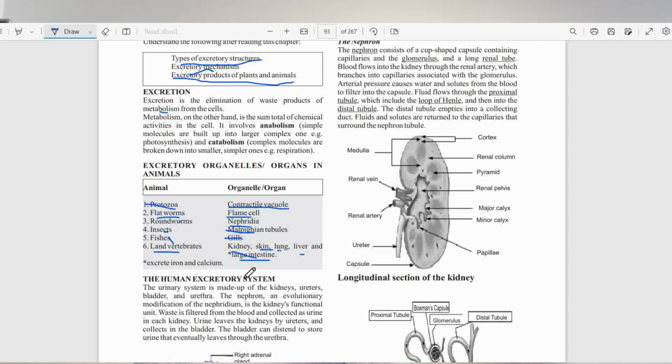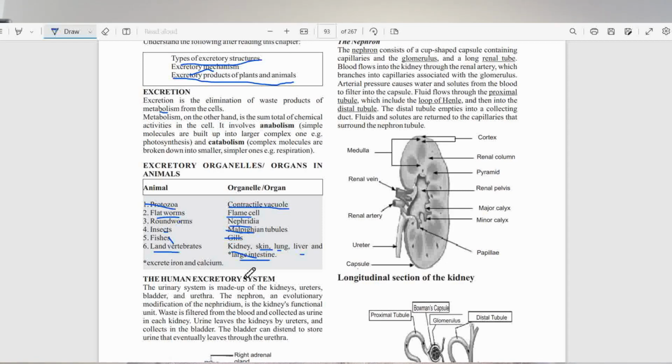So for now, let's begin with the excretory mechanism in humans. And like I mentioned earlier, the kidney is the main excretory organ in humans. And the process of urine formation is the main excretory mechanism in humans.